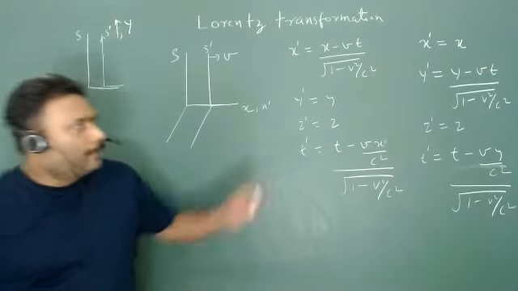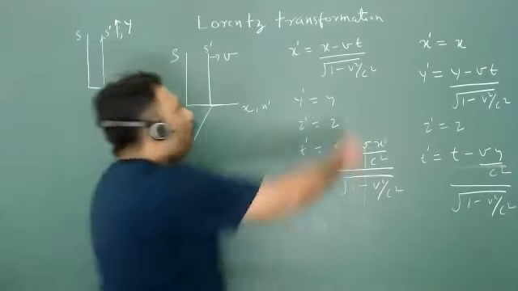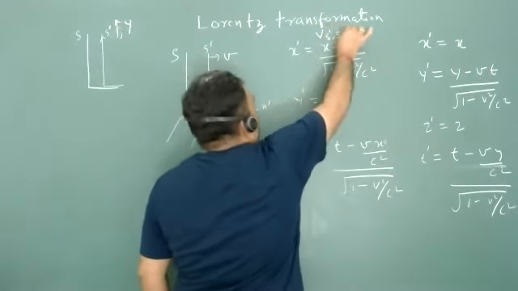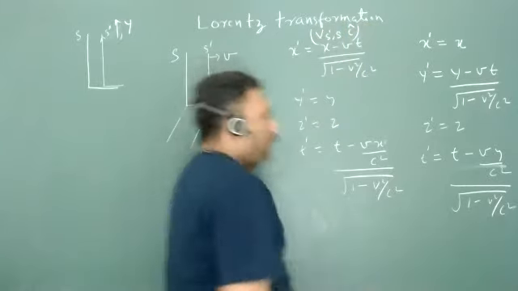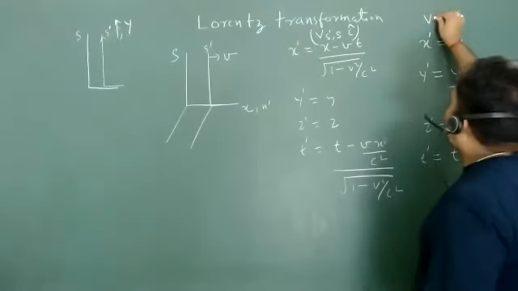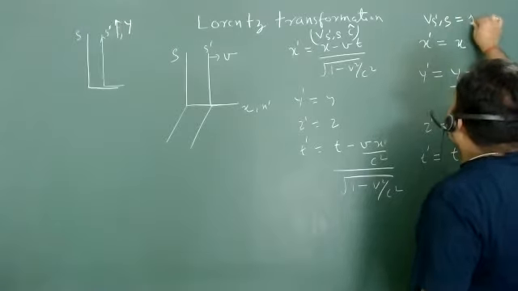Okay, and we have to always keep in mind: this formula we use when we have velocity of S dash with respect to S in I cap direction, and this formula we write when the velocity of S dash with respect to S is in J cap direction.